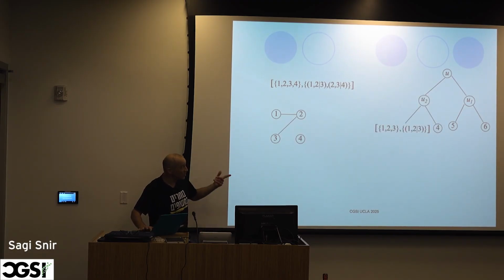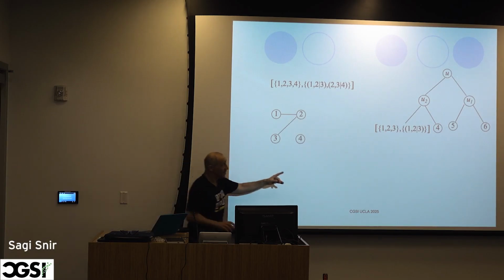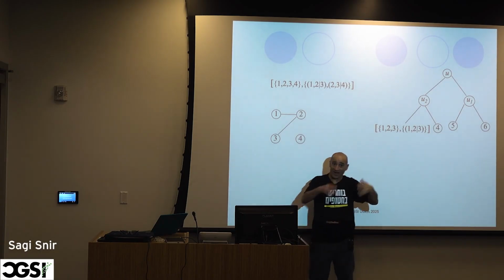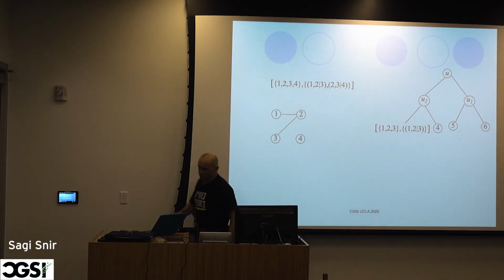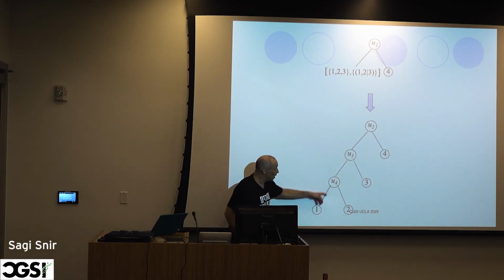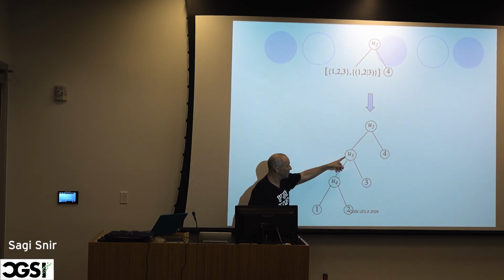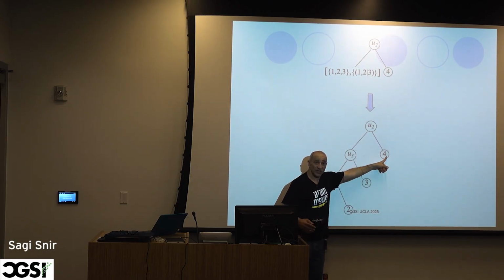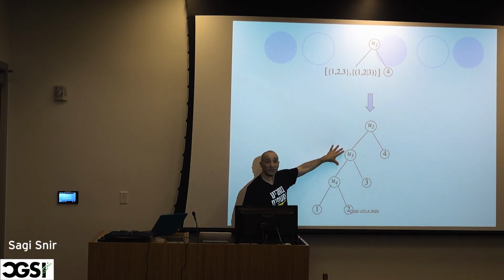And again, recursively, 1, 2, 3, and that triplet, 1, 2, 3. Let's apply that algorithm recursively. No need to do that. We just hang 1, 2, 3 here, a tree node, that tree node from before, 4 here, and this is our subtree.